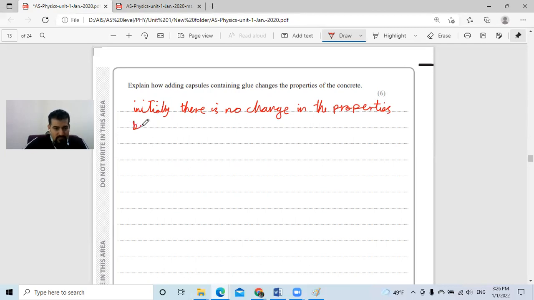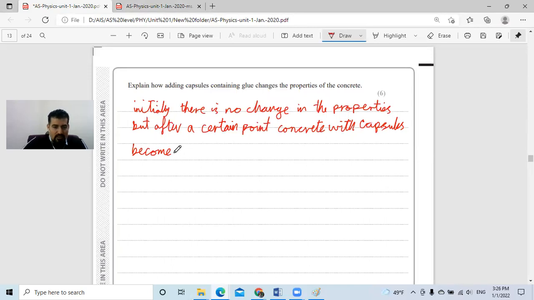But after a certain point, concrete with capsules becomes stiffer, since it has greater area, greater gradient and greater Young modulus.